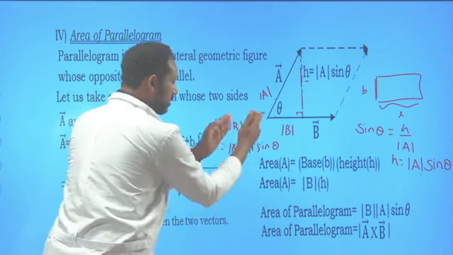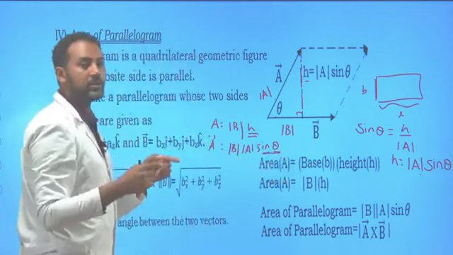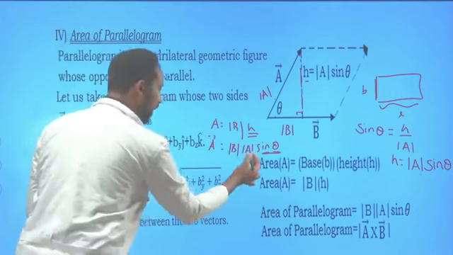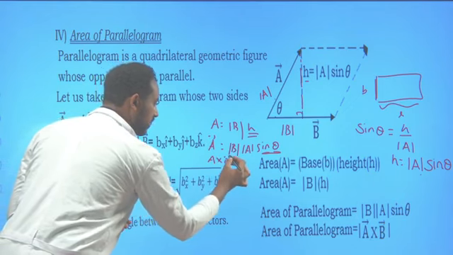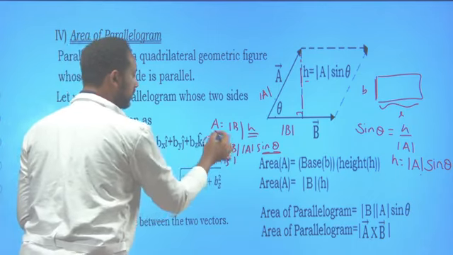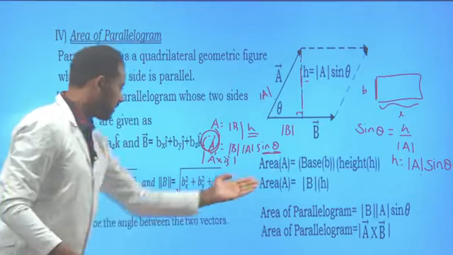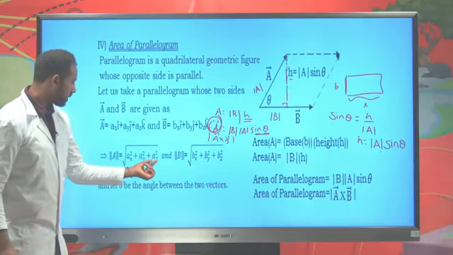The magnitude of a times the magnitude of b times sine theta means you are determining the magnitude of the cross product of the two vectors, a and b: the magnitude of a cross b. When you determine this, it's possible to find the area of the parallelogram. This is what it says. Here, the magnitude of a can be determined as the square root of ax squared plus ay squared plus az squared.